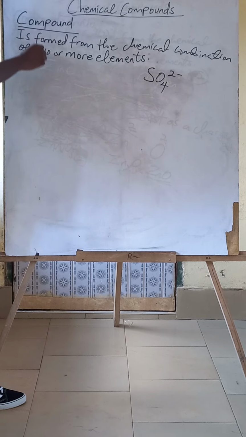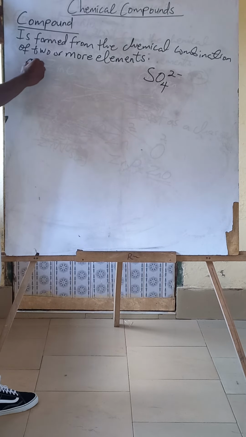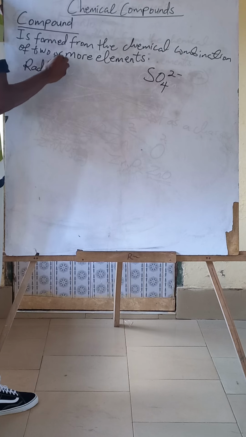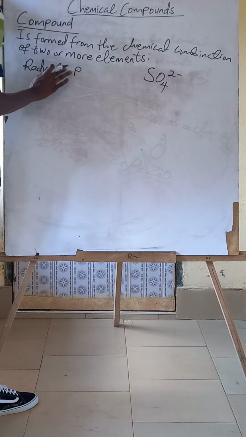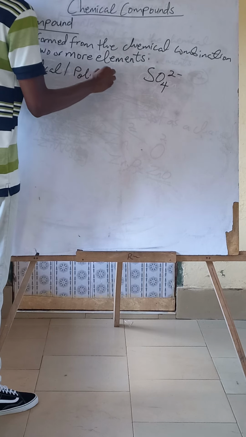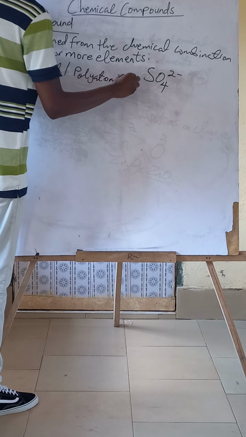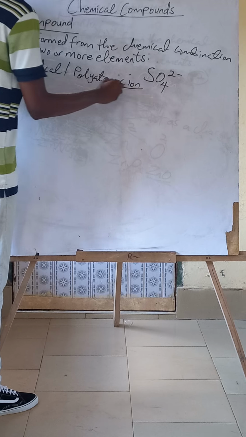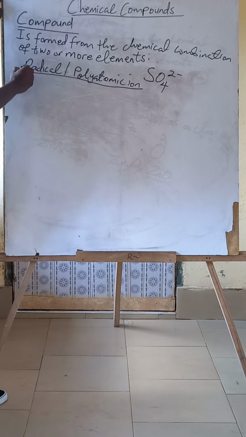You can also call a radical a polyatomic ion. So what is a radical or a polyatomic ion?